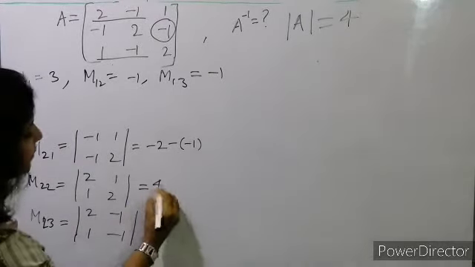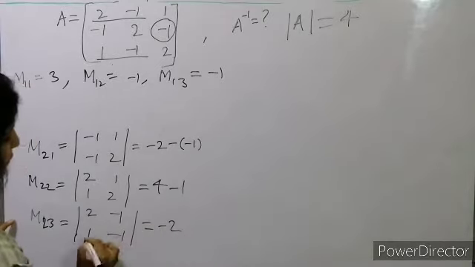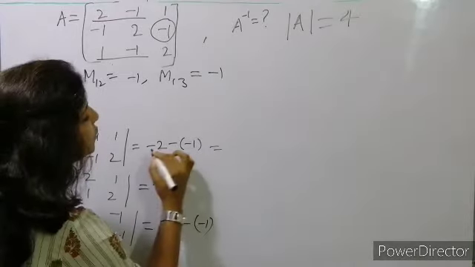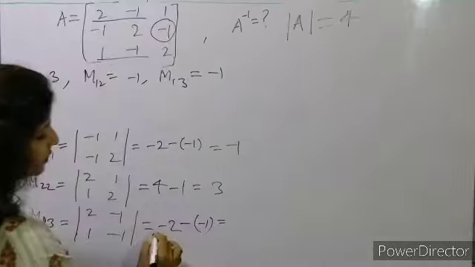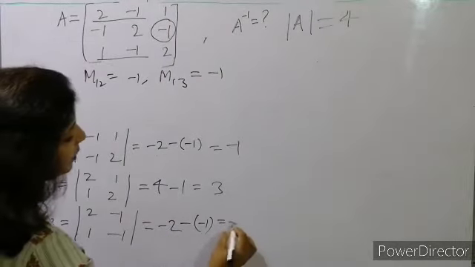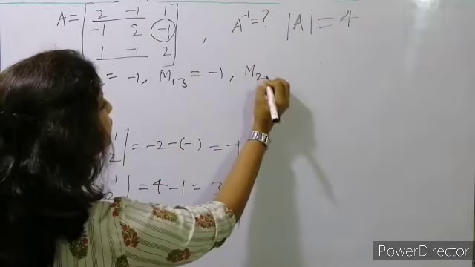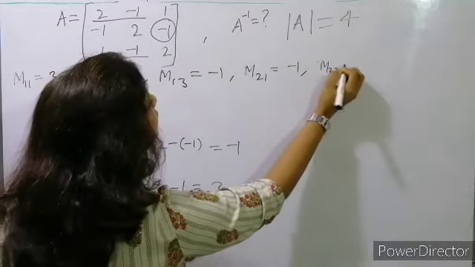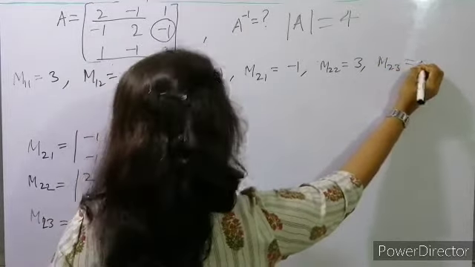Now 2 into 2 is 4, 1 into 1 is 1, 2 into -1 is -2, and 1 into -1 is -1. So -2 plus 1 is -1, 3. Okay, so M21 is -1, M22 is 3, and M23 is -1.